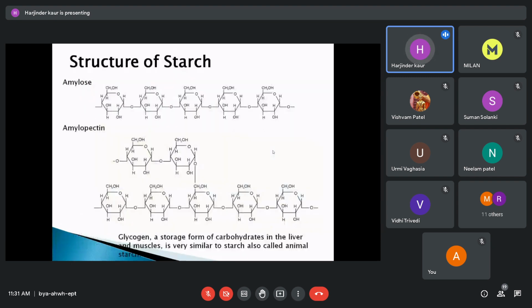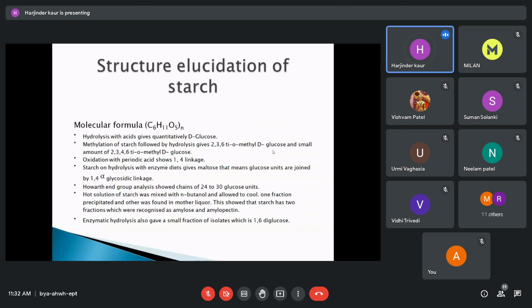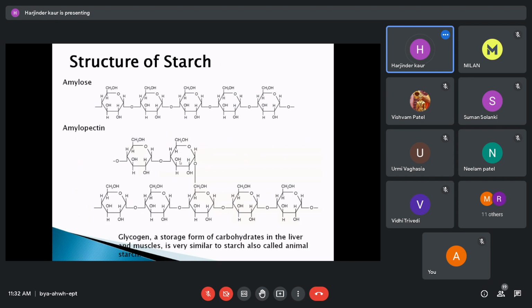Now one more thing, which is not shown here, that I would like to mention is the oxidation with periodic acid, which shows that the 1,4 linkage is there. To understand that, supposing this is my molecule and I do HIO4 oxidation, then what will be obtained here?